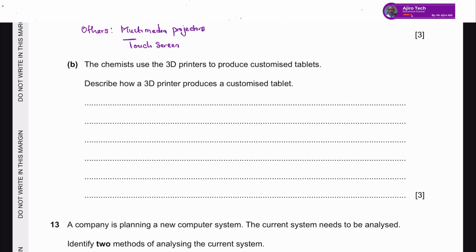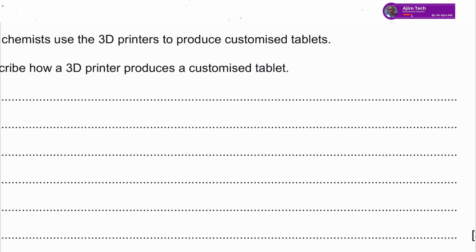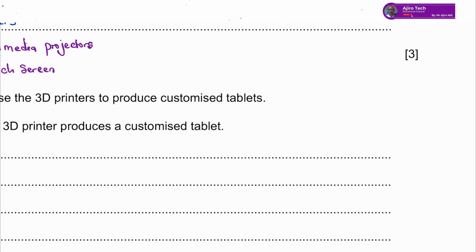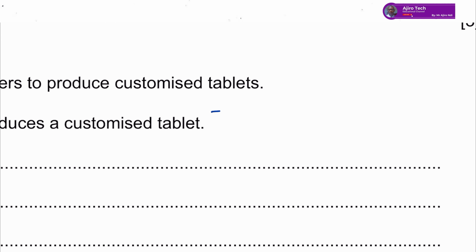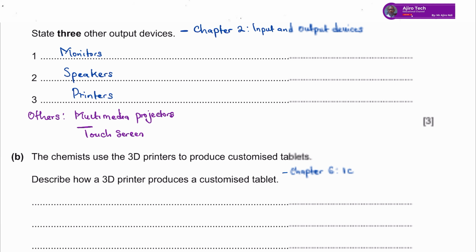Describe how a 3D printer produces a customized tablet. Now, we would see this in chapter 6, ICT application.